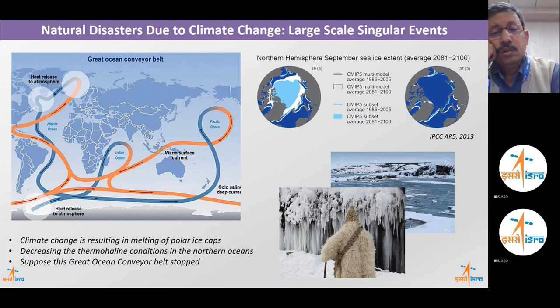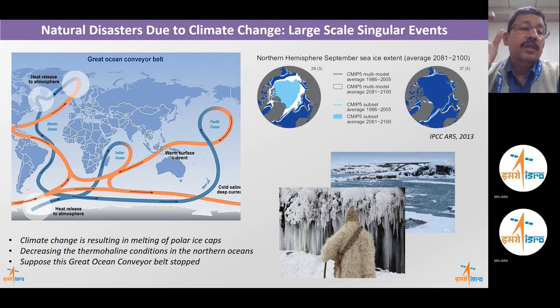So if this Northern Hemisphere sea ice extent, that is the ice over the Arctic Circle, disappears, this will result in the decrease in the thermohaline condition in the Northern Ocean. Now I'll just take an example of one of the ocean current.